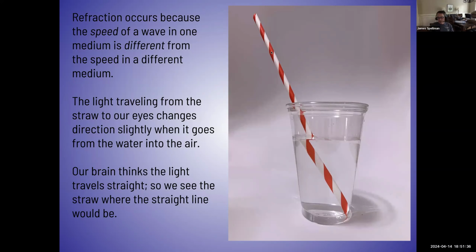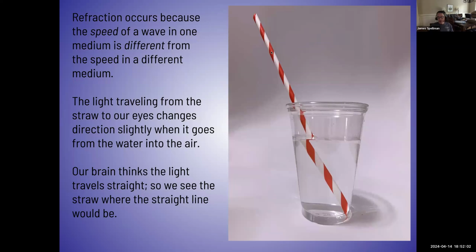So as it goes from the water into the plastic into the air, it changes its speed, and because there's some angles involved, it actually gets bent a little bit. And so the direction of the light changes a little bit. So then our eye thinks the straw is not where it really is, but where the light is coming from as it leaves the glass and comes into our eye.